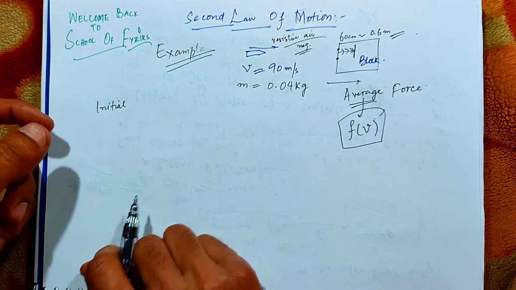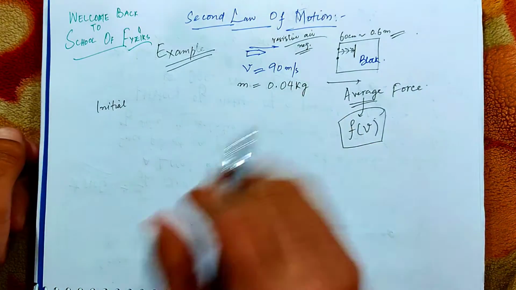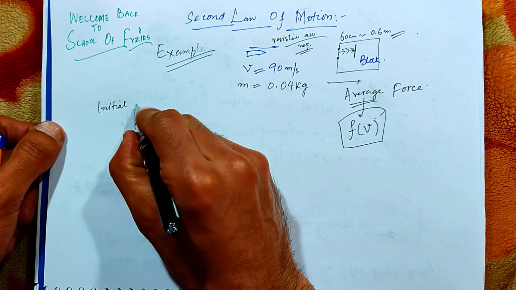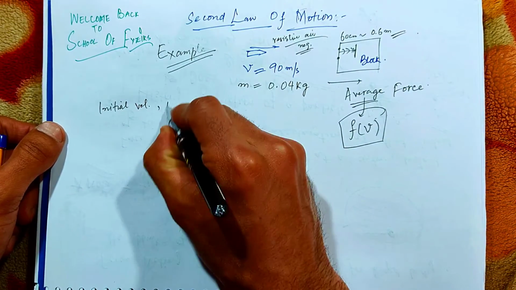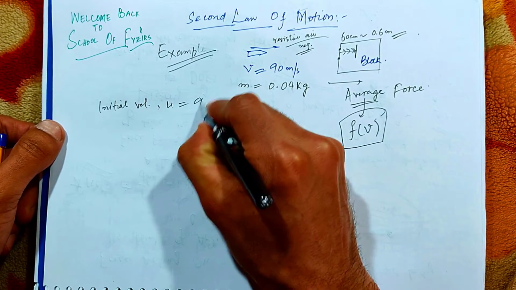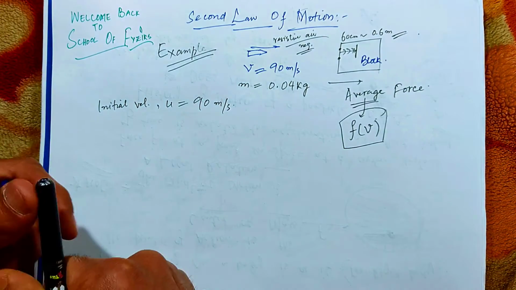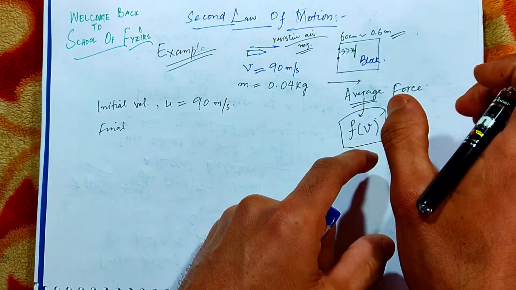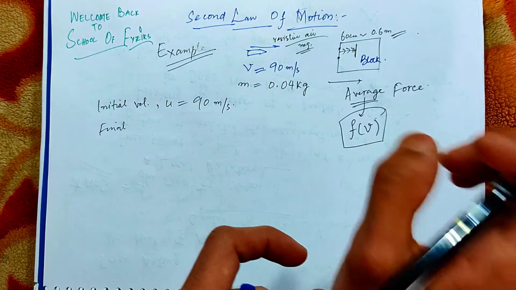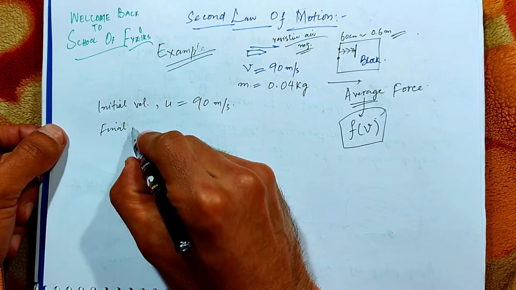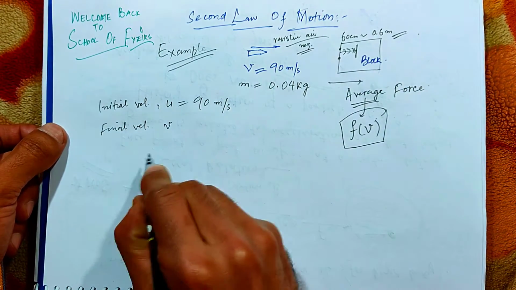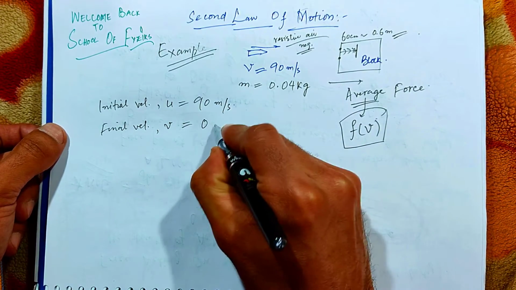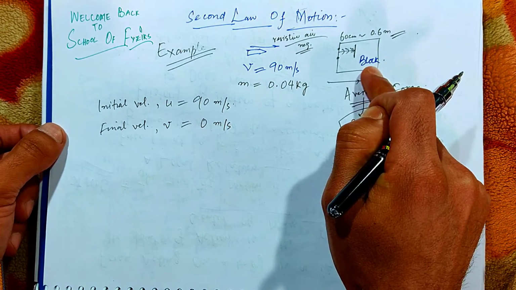Now the initial velocity of the bullet, u, is equal to 90 meters per second. The final velocity: upon hitting the block it gets stopped and the velocity comes to a halt, so the final velocity, denoted by v, is 0 meters per second because it is stopped ultimately.